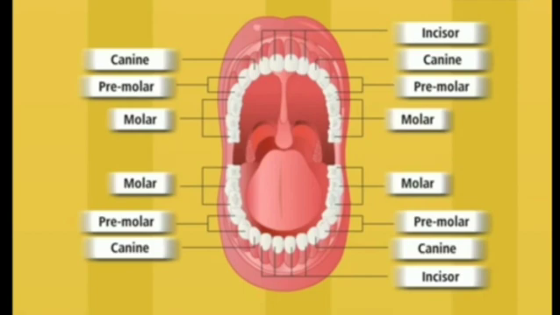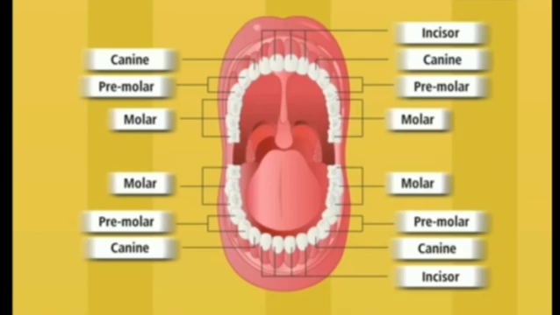So these are the molar teeth. Clear? Their function is also similar to premolars, but mainly they are used to grind the food further into a fine paste.